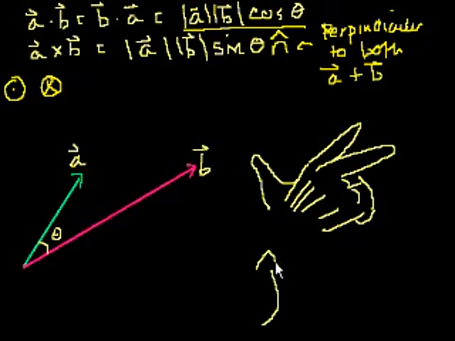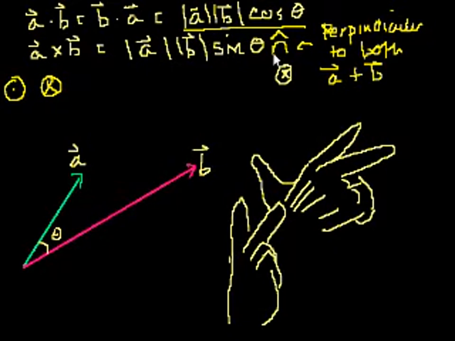Your middle finger would go in the direction of B. Your index finger goes in the direction of A, and you actually wouldn't even see your thumb because your thumb is pointing straight down. But I think you get the point. A cross B, this N vector is pointing straight down. It's a unit vector, and this provides the direction. Unit vector just means it has a magnitude of 1.